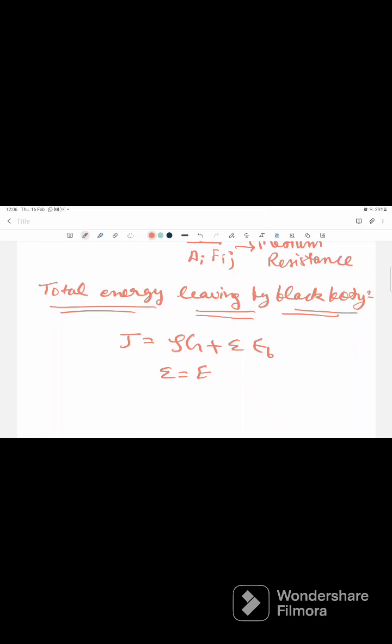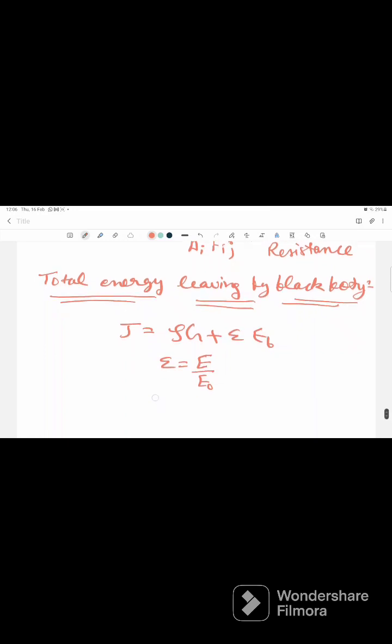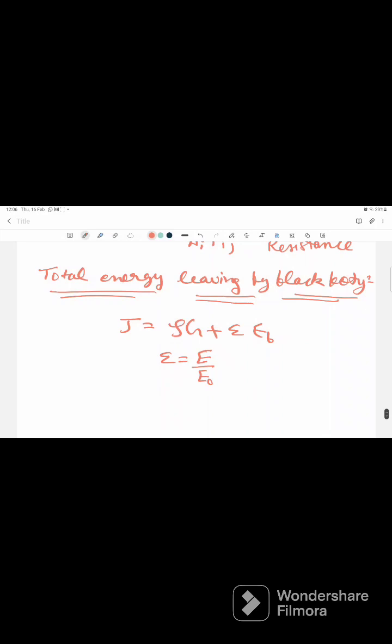Epsilon is defined as E upon E naught. This is emissivity. This is reflectivity.